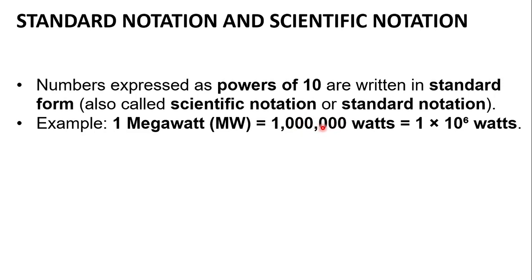It becomes scientific notation or standard notation when it's written as the power of 10. So 1 million watts can be written as 1 times 10 to the power 6. So this is called standard notation, also called scientific notation.